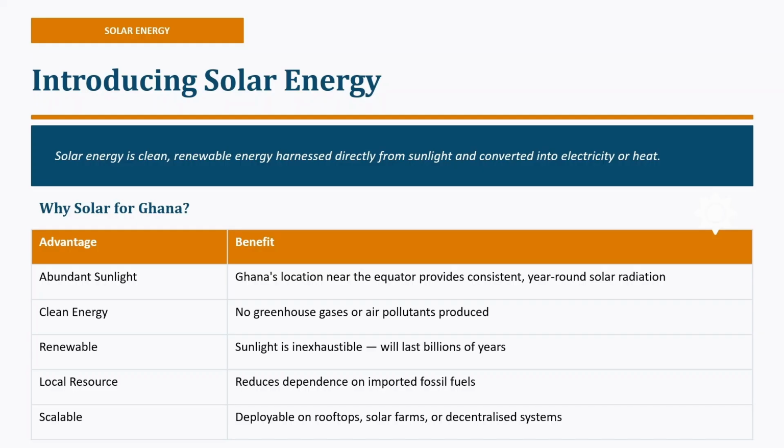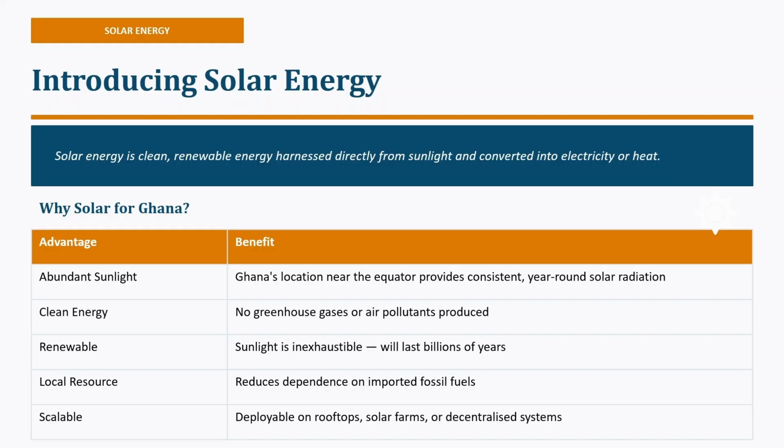So all year round we have abundant solar radiation hitting the earth in Ghana here. And so because of that, we need to take advantage of the energy that we're receiving from the sun.